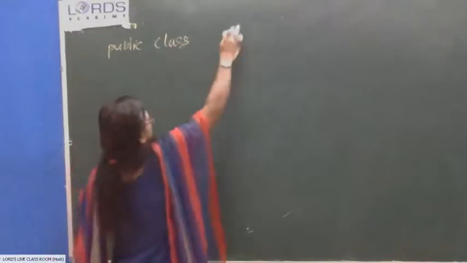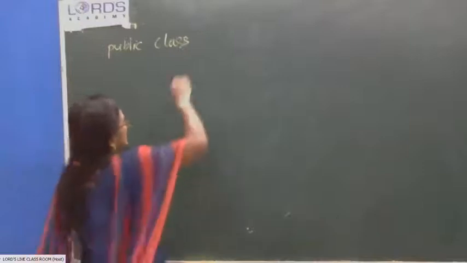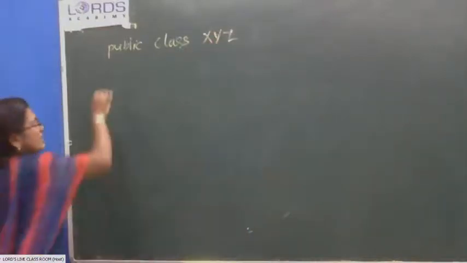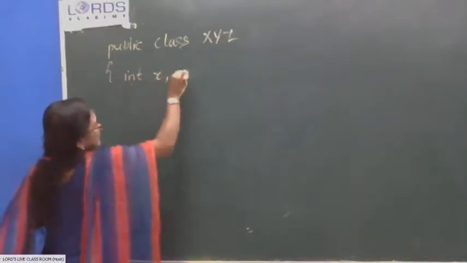Public class, this program you need not write, okay, just for demonstrating the scope of different types of variables. Public class XYZ. Imagine that there is a class called XYZ and two variables are declared here: int x, int y.